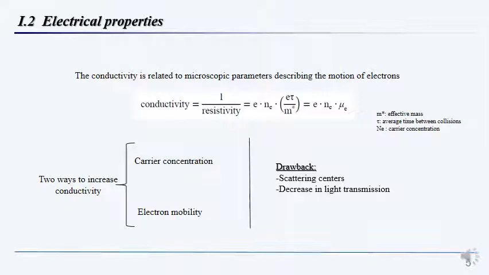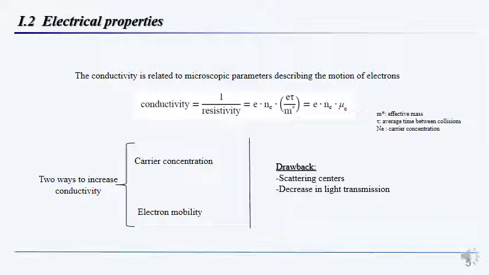Generally, the TCO are resistive at room temperature, since they are semiconductors with a wide band gap. So in order to become conductive, external impurities are introduced into the film. And the conductivity is related to microscopic parameters describing the motion of electrons as seen in this equation.